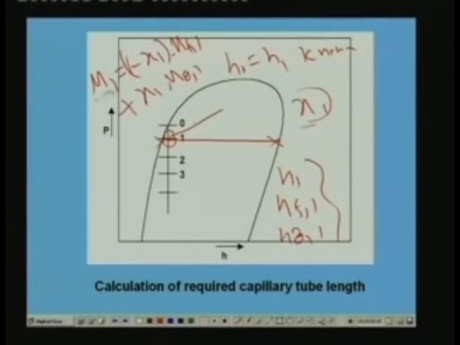Okay, so this is the viscosity of the mixture, which is equal to the mass fraction of the saturated liquid into saturated liquid viscosity, plus mass fraction of saturated vapor into saturated vapor viscosity. Likewise, you can find out all other properties. Okay.